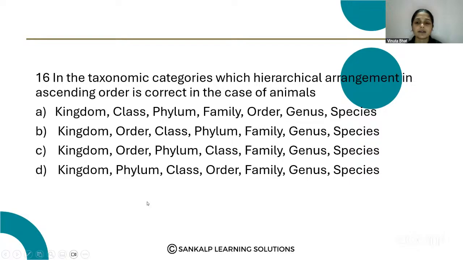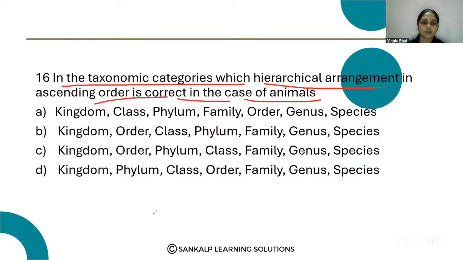You have to read this question properly. In the taxonomic categories, which hierarchical arrangement in the ascending order is correct in case of animals? Which one is the correct one? Find the ascending order. Ascending, increasing order.